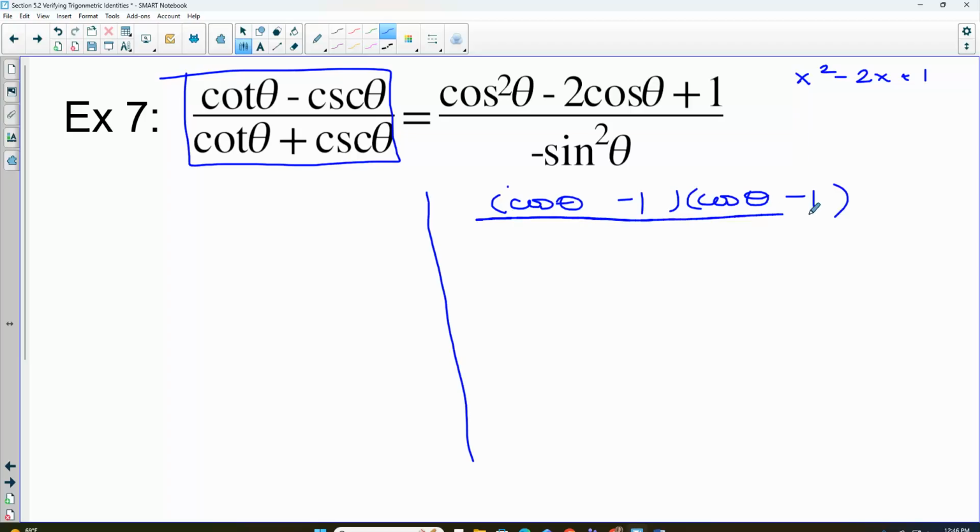Nothing's going to cancel out as long as I have this sine squared on the bottom. What could I change sine squared to? And it had a negative out front. I'll just keep that out for a moment.